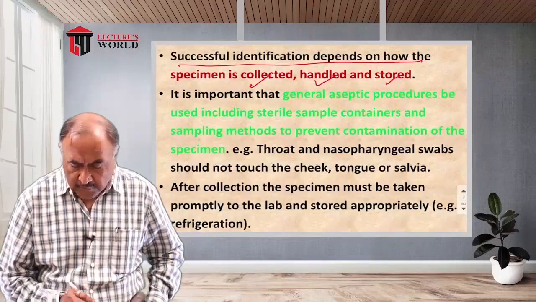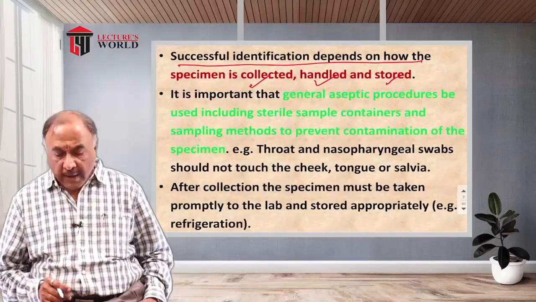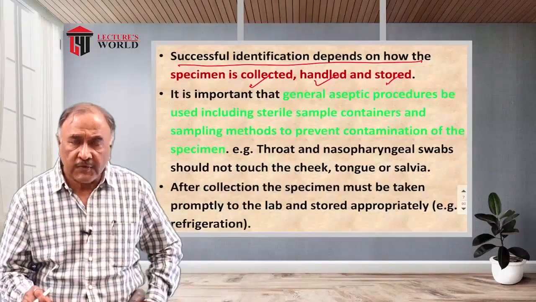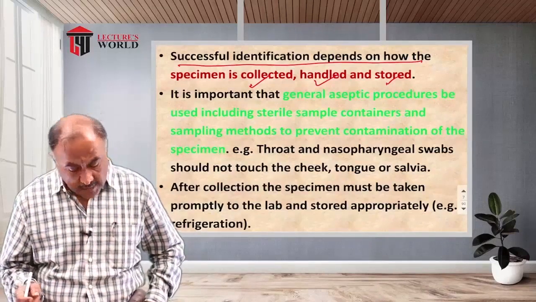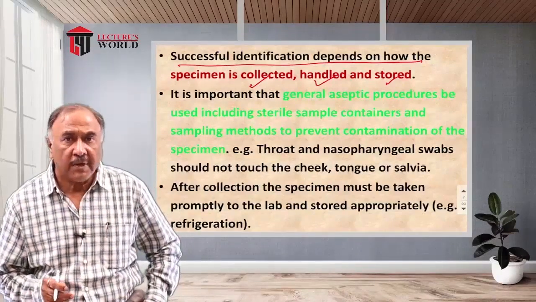These spirochetes are spiral in nature, and naturally the staining method which is used is a special staining technique. It can be Burke's staining as it is shown here, or it can be the Fontana staining method.